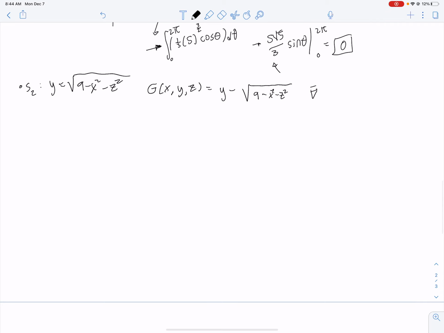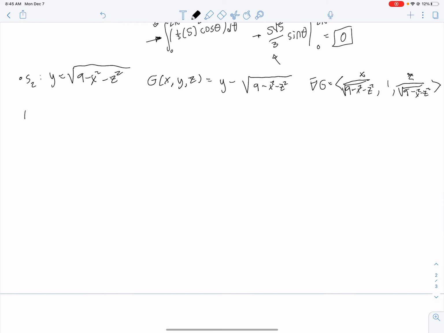And our del g would be x over the square root of 9 minus x squared minus z squared. Our y component would just be 1, and our z component would be z over the square root of 9 minus x squared minus z squared.